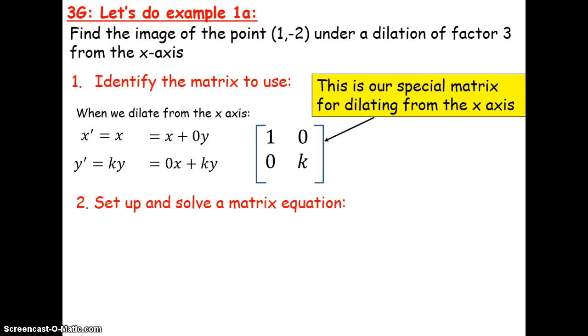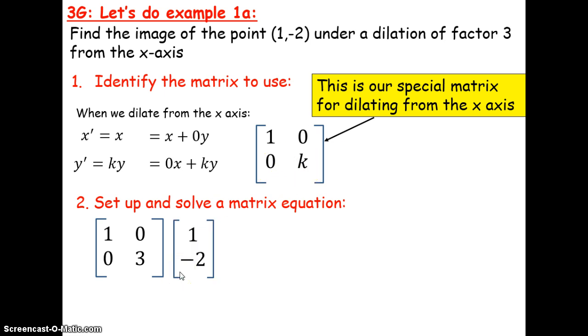We set up and solve a matrix equation. So let's think. We've got our dilation from the x-axis matrix, and now k isn't going to be k anymore. If we look at the question, it says a dilation of factor 3. So k is going to become 3 now. So we have 1, 0, 0, 3. So the only difference from the special matrix is that k is now 3.